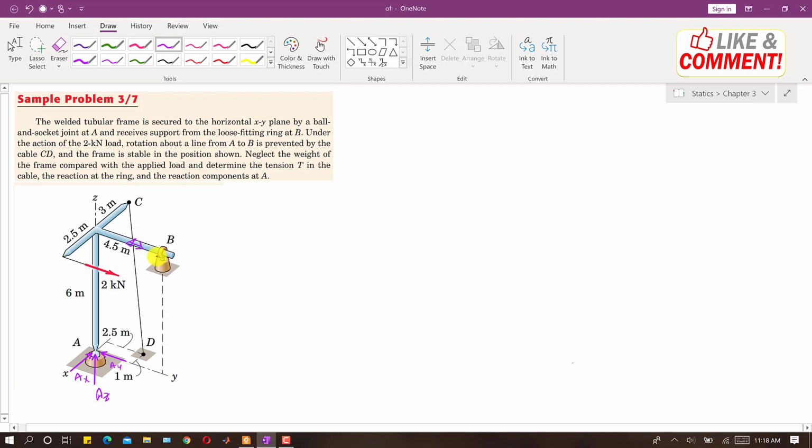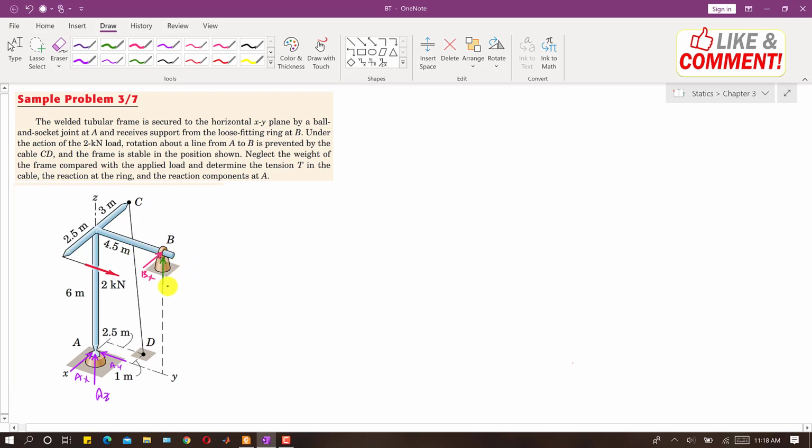So this support cannot provide a reaction in the Y direction, hence we will have reactions in only two directions, X and Z. If I draw those reactions, one will be along X, let's say BX, and there will be one reaction in the Z direction, and this loose fitting ring cannot support a reaction in the Y direction.